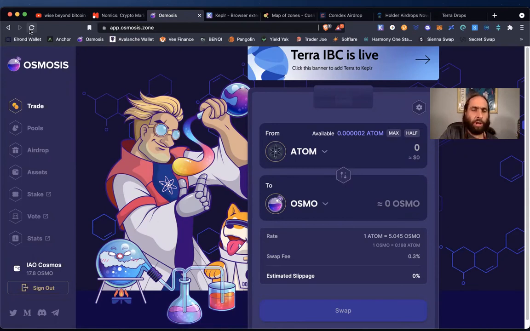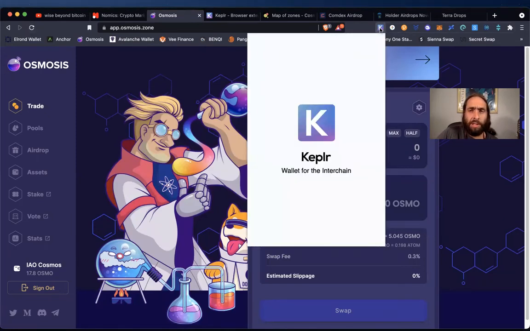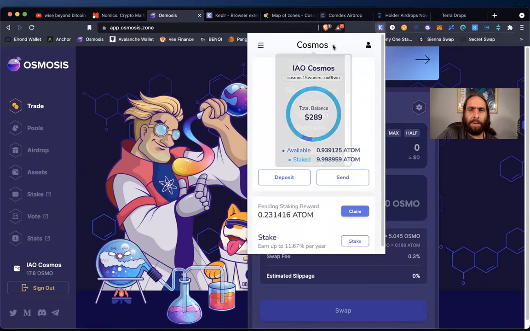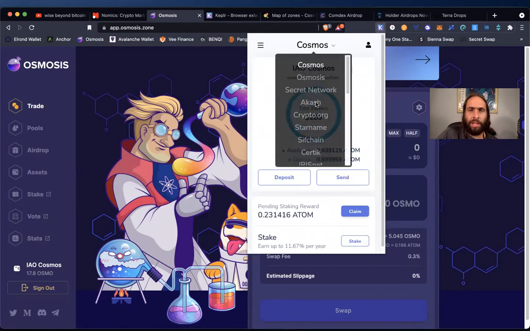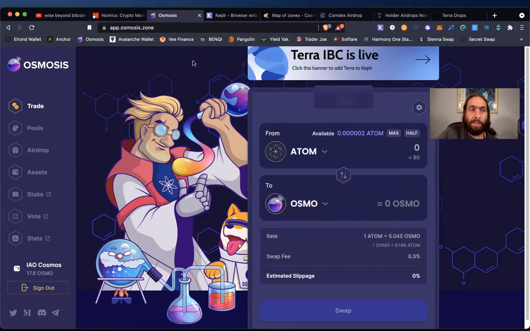We're also going to show how to transfer an asset into your Keplr wallet that you don't have. As we've already seen, the Keplr wallet can host several different networks, blockchains, all in one wallet. And Osmosis is an amazing hub to have access to many, if not all of these.